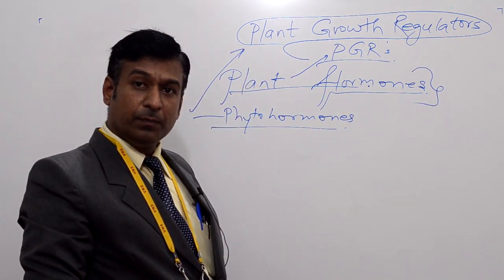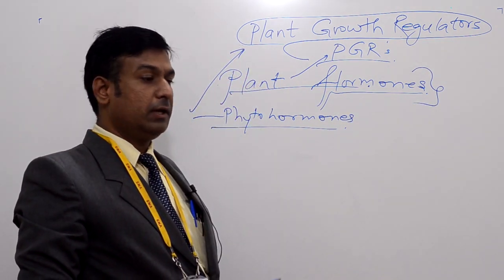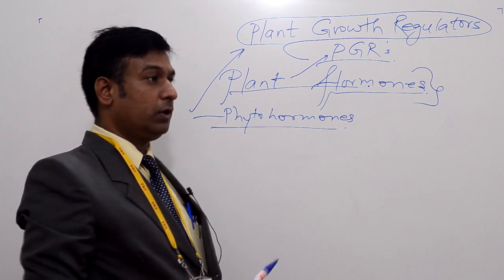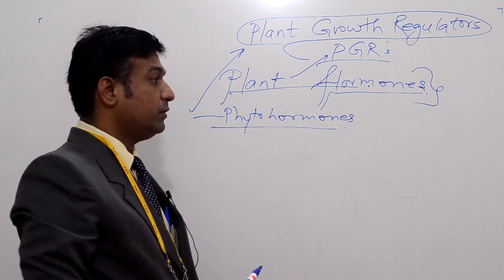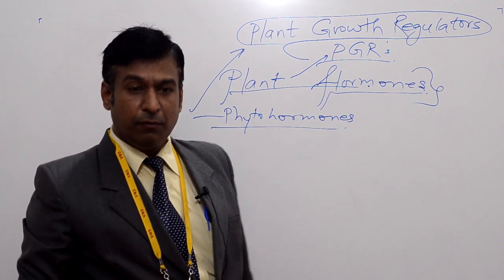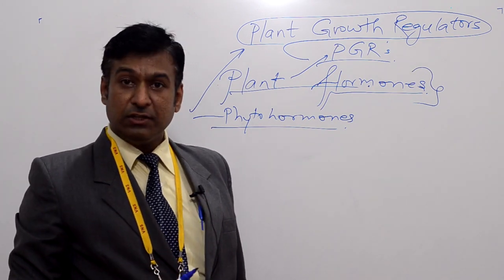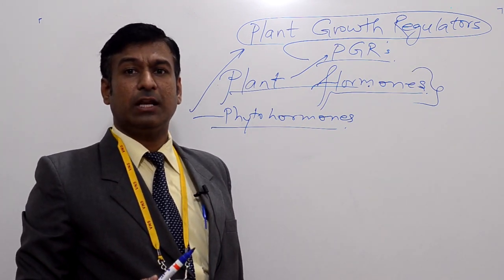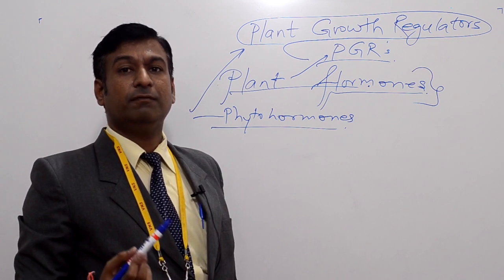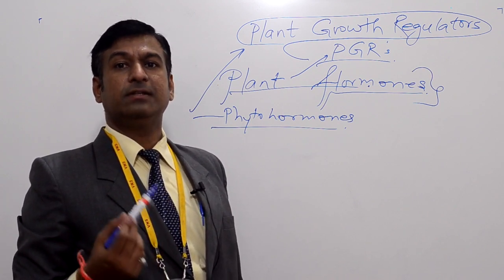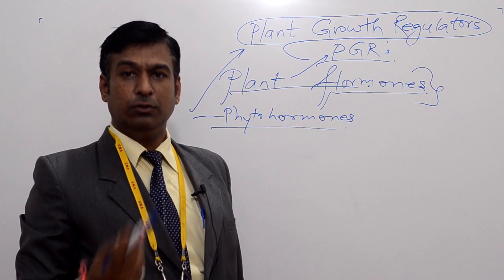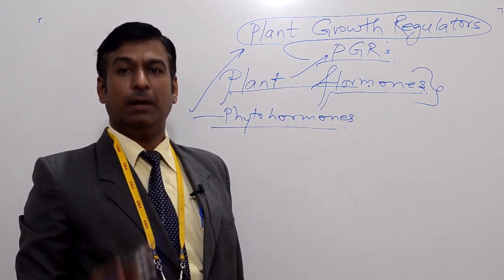How? They are required for the formation of tissues, for cell differentiation, for cell elongation, for cell dedifferentiation. These are some of the terms required for the functioning of the cell, the tissue, and the plant.